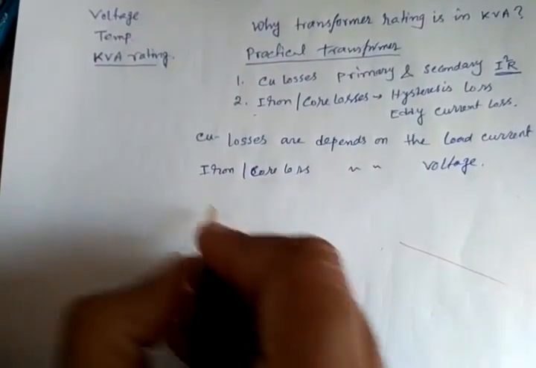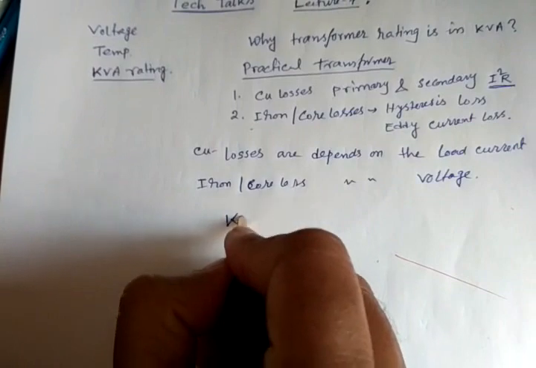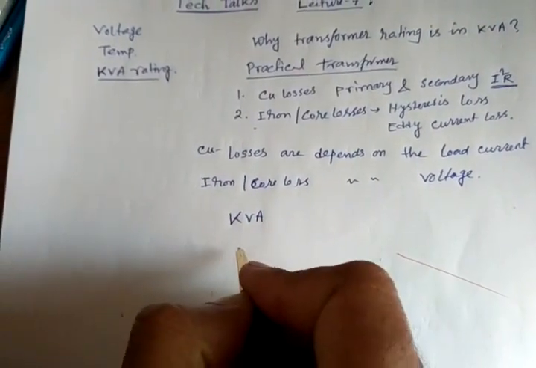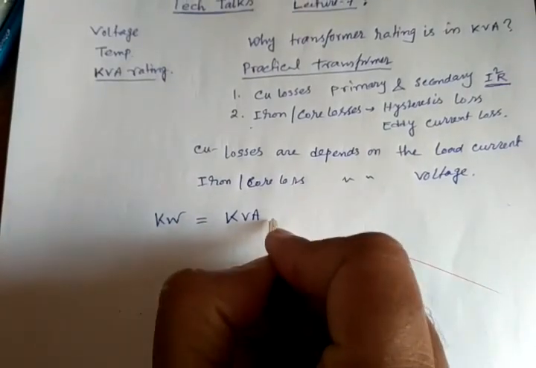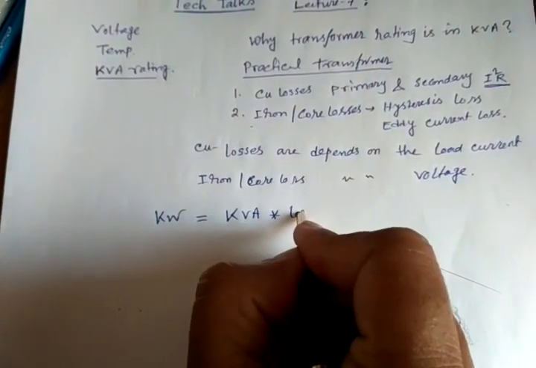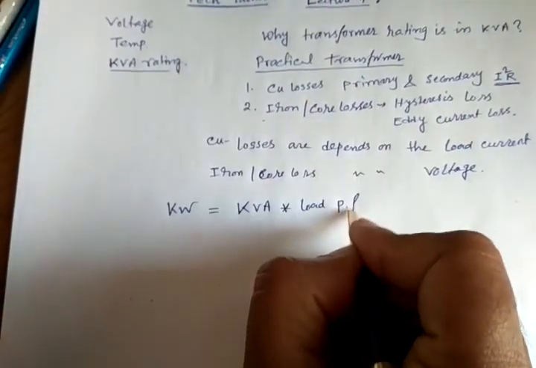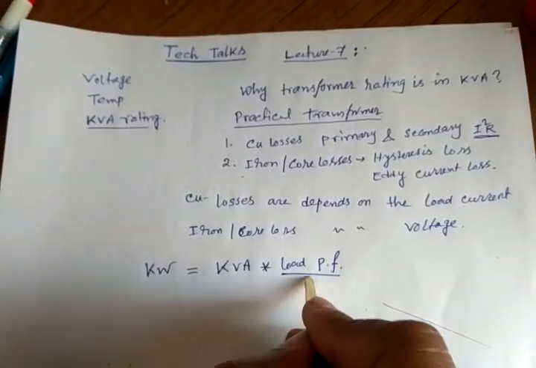So effectively, again we know kVA, and what is the relation between kVA and wattage? Kilowatt is nothing but kVA into load power factor, cos phi. What is load power factor?